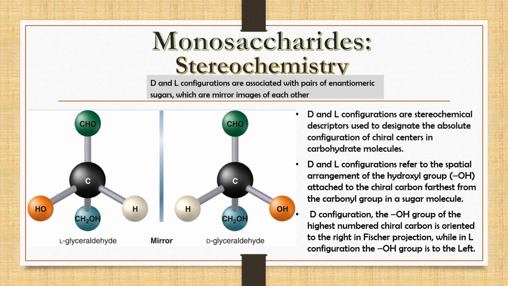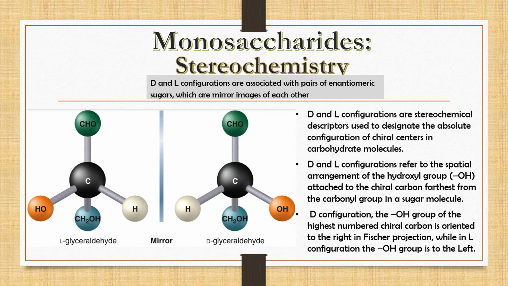Glyceraldehyde contains only one asymmetric carbon atom, as we have stated before, that is on carbon atom 2, and therefore can exist as two different stereoisomers, that is, as D and L glyceraldehyde.